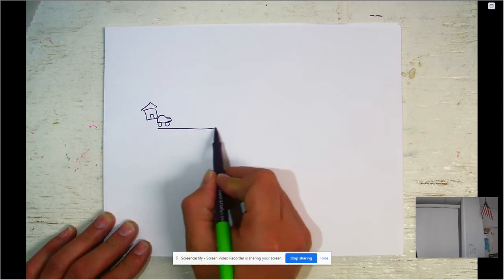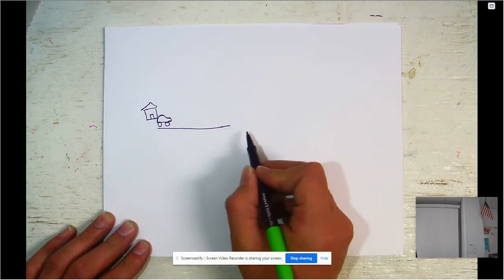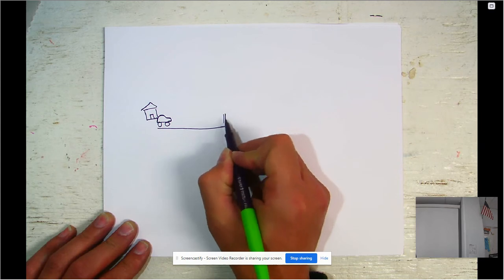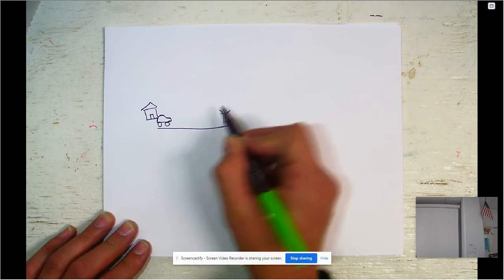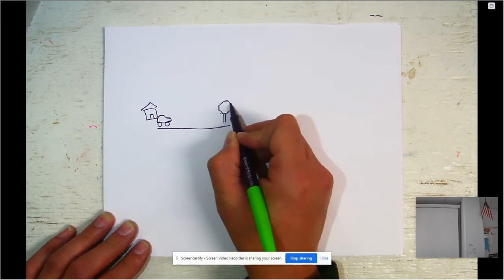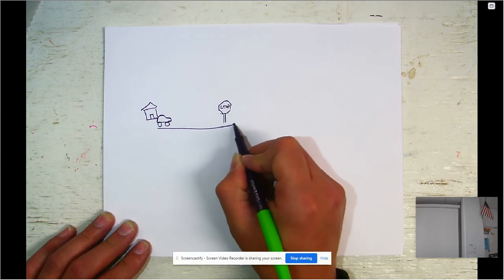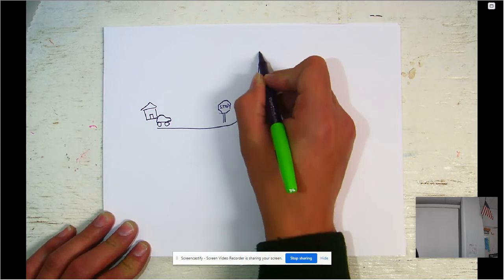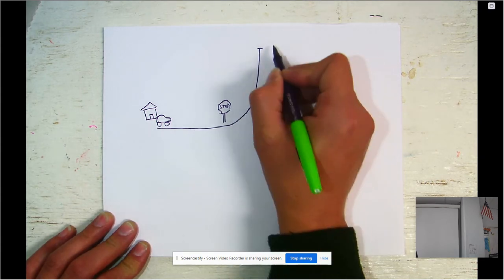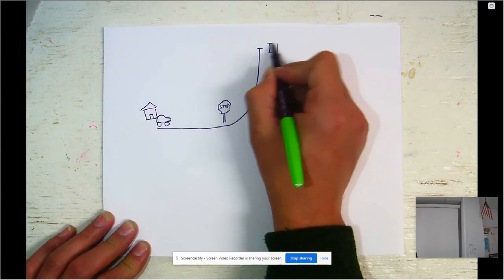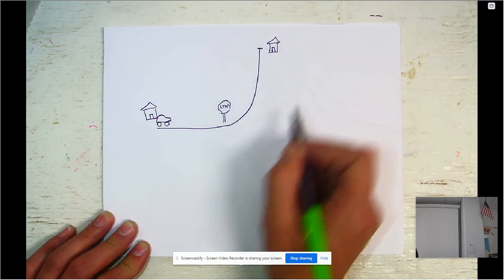Let's say that there's a stop sign here. Here's our stop sign. And after the stop sign, there's a little curve around the corner over here. And you have a friend that lives over here. So you're going to visit your friend.